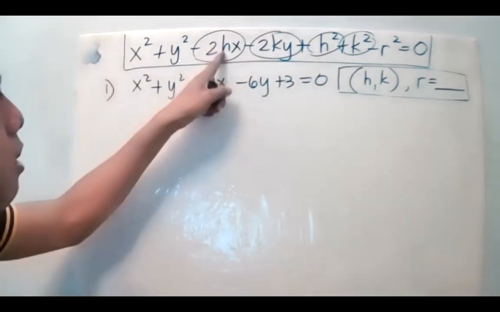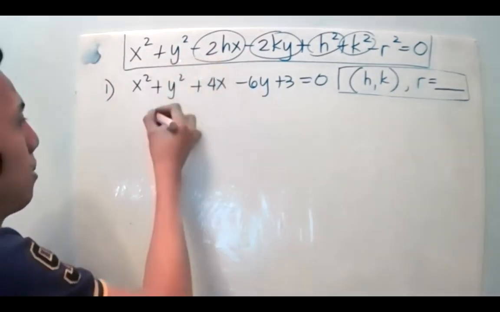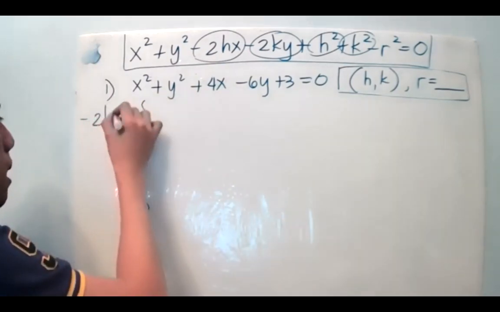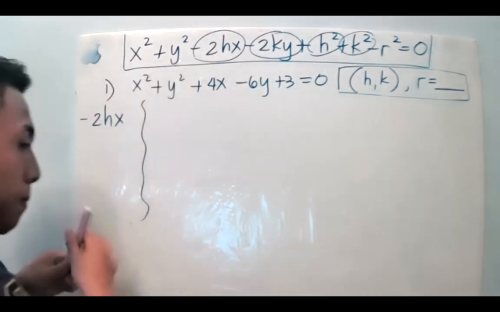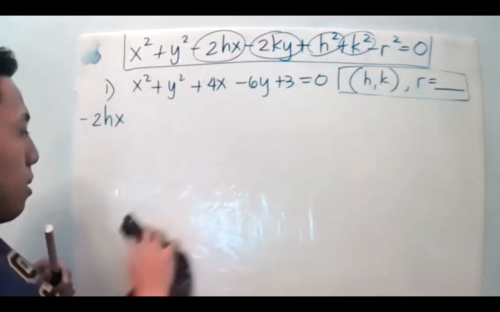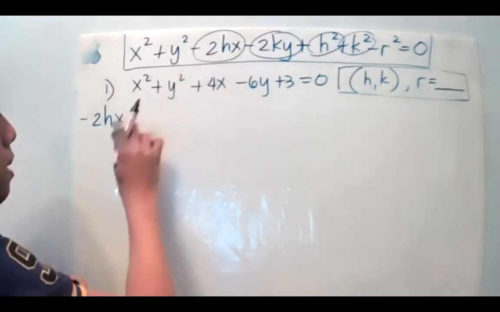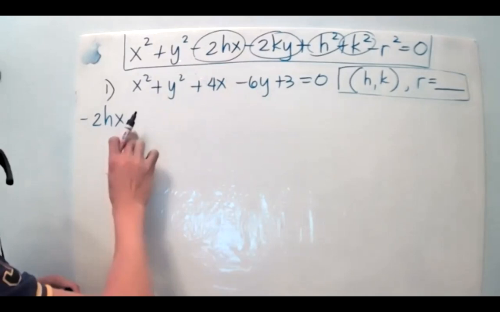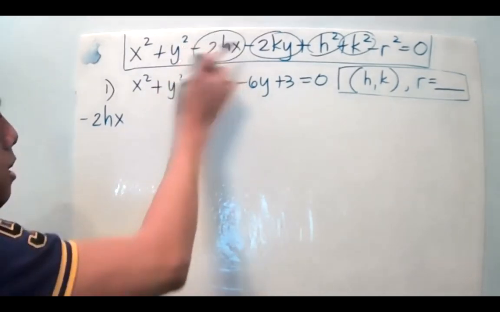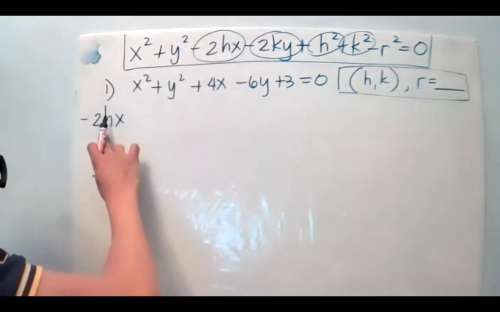We start here. So, we have our formula as negative 2hx. Right? Negative 2hx. I just copied it from here.